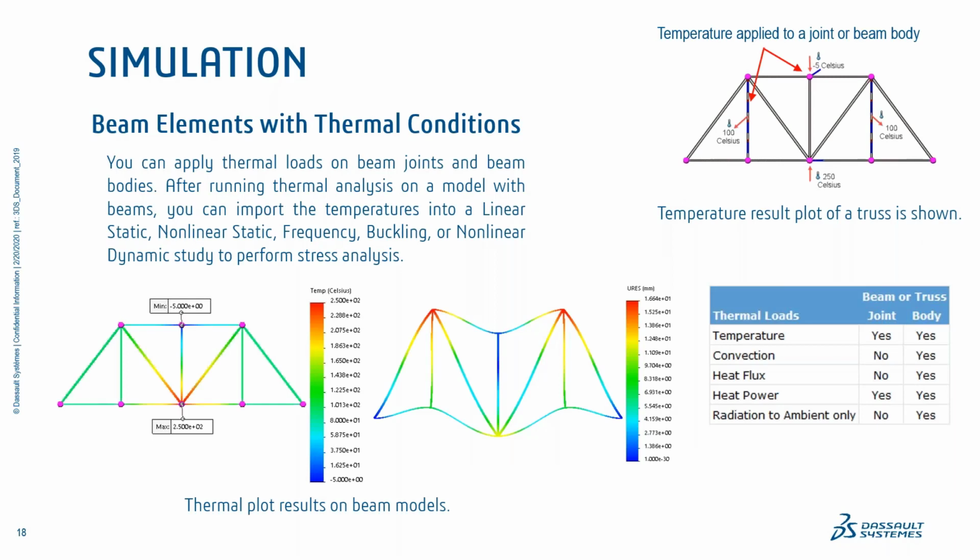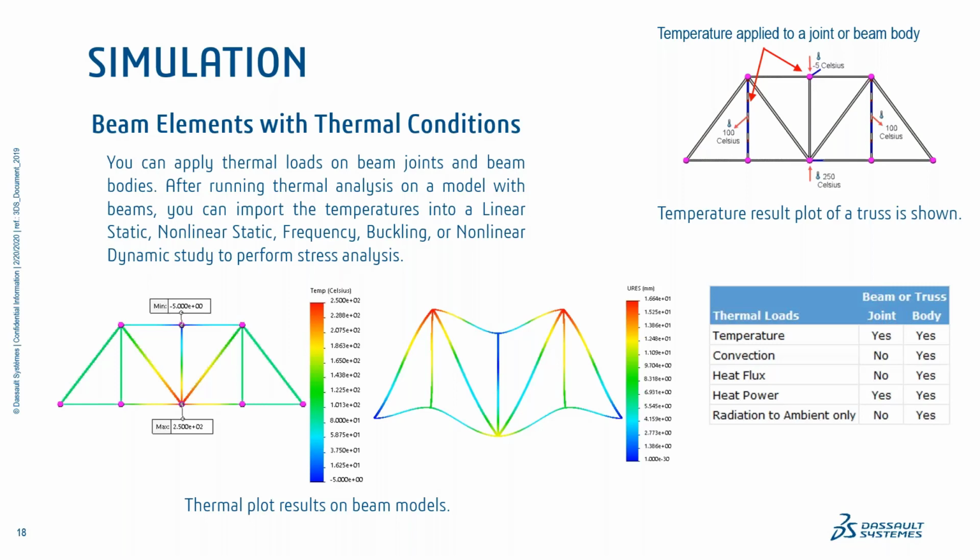As you are aware, whenever you have beam elements, there will be locations where we can apply the load, in the joints or on the beam itself. Earlier, this functionality was not available when you performed the thermal analysis.